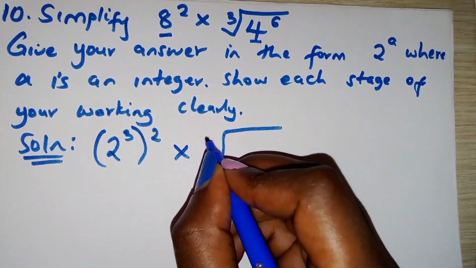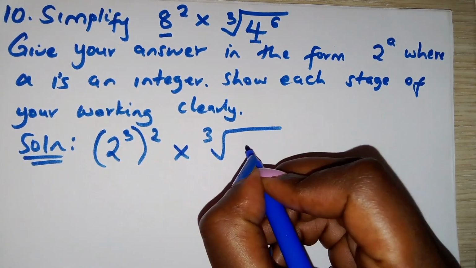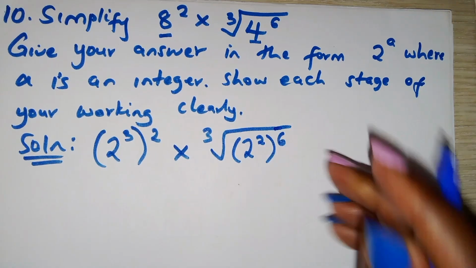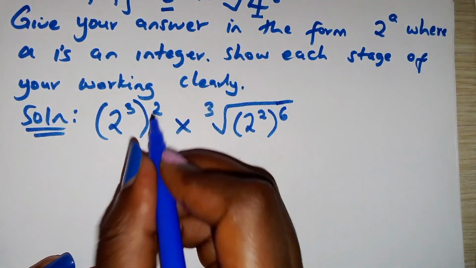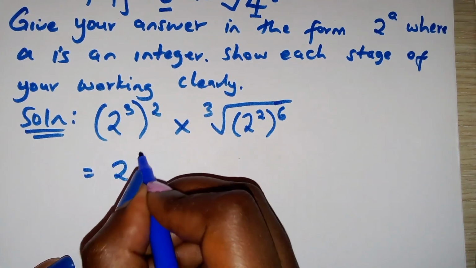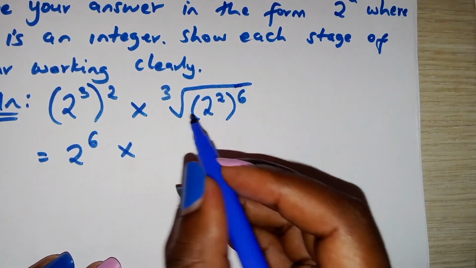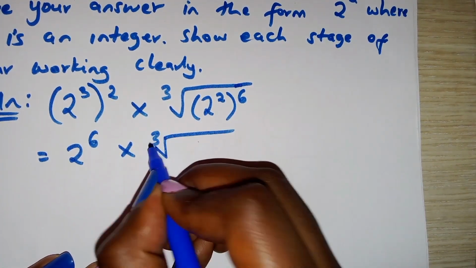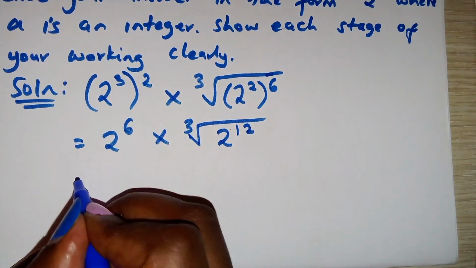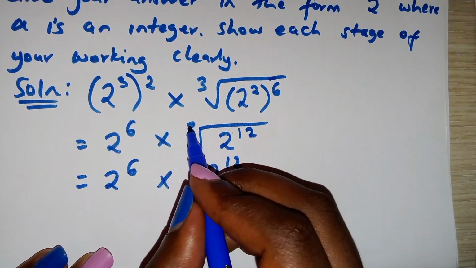So 4 can be written as 2 power 2, because 2 power 2 is 4. Then you put the bracket 6. When it's a bracket, you multiply the powers. 3 times 2 is 6. Multiply the brackets as well, so we have the cube root of 2 power 12. So 2 power 6 times 2 power 12.